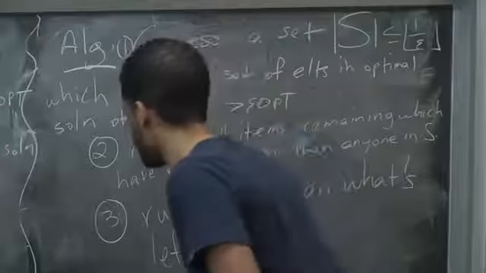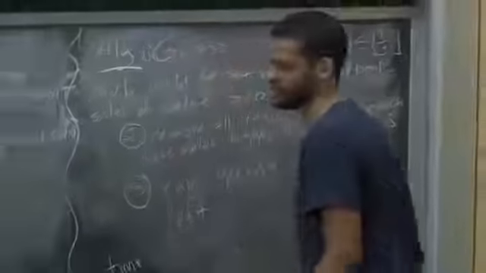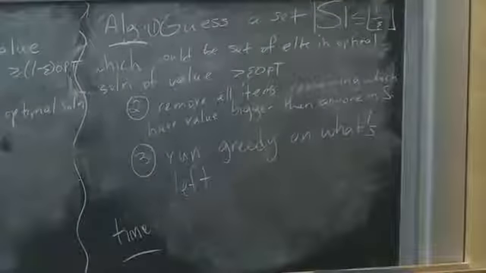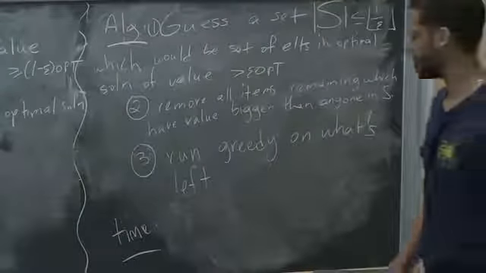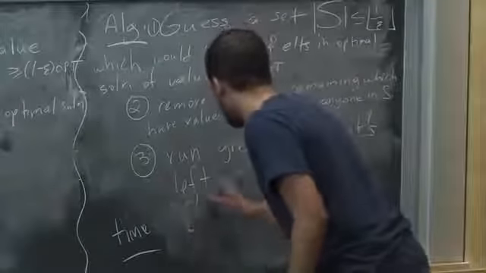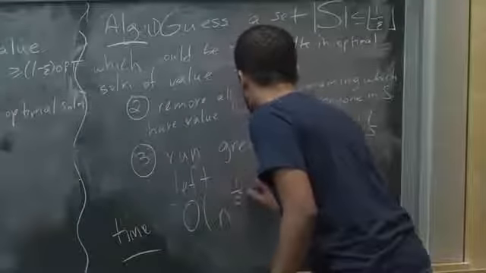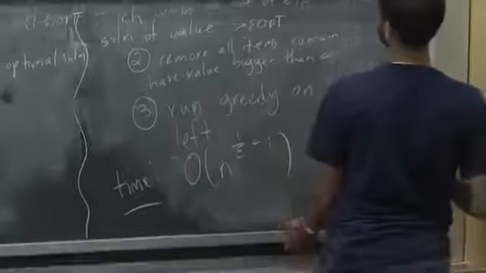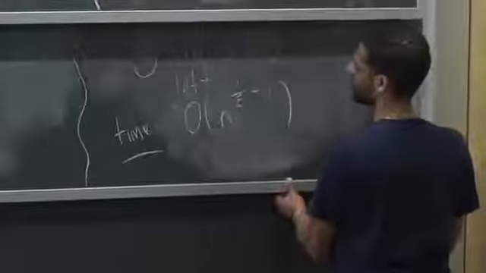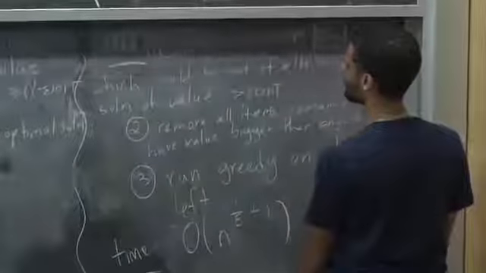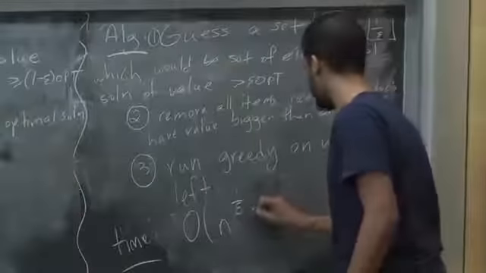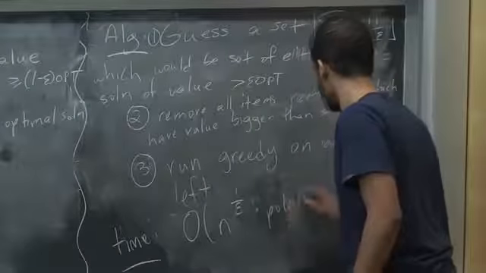What's the running time of this algorithm? Yeah. So n to the 1 over epsilon plus 1. Or, I guess there are some m's here, depending on how many sets you have. So let me just say O of n to the 1 over epsilon times poly of n, m or something.